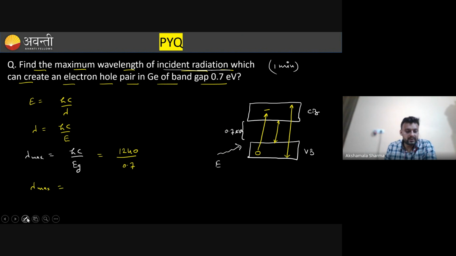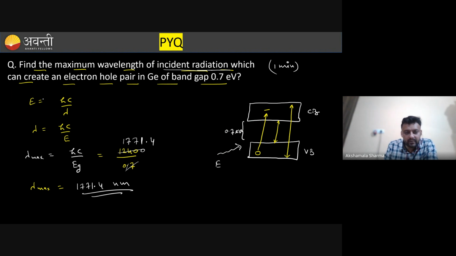You can simplify it, I am not doing it. You will get 1771.4 nanometer.